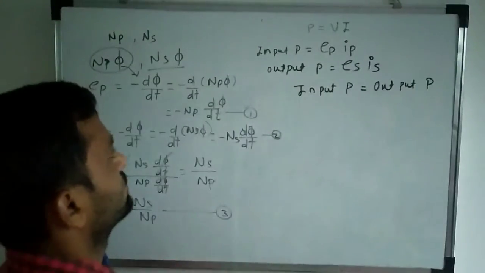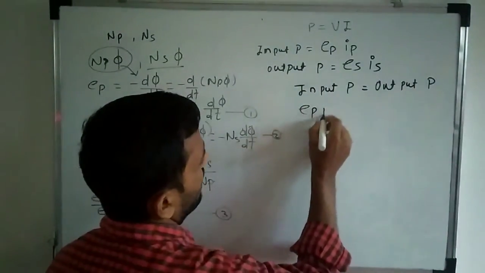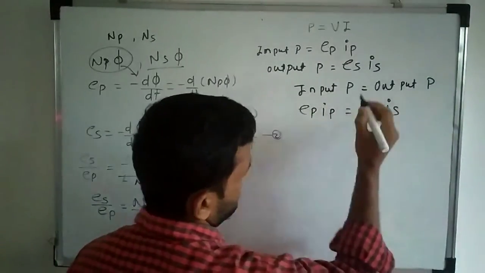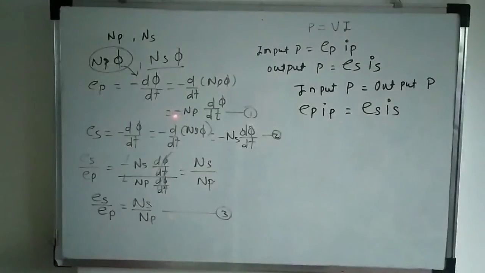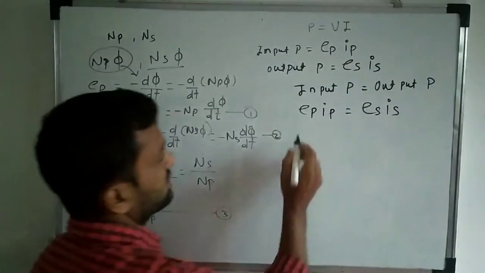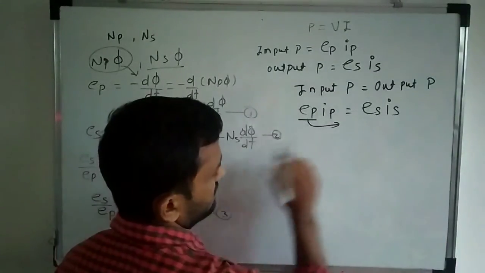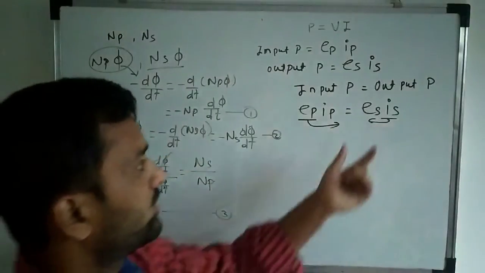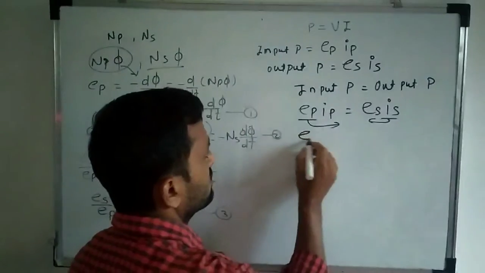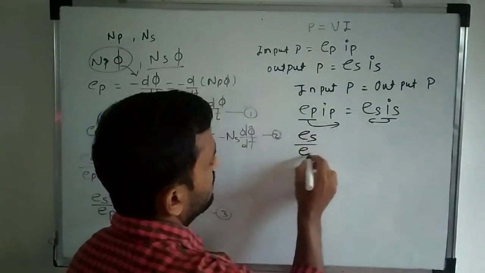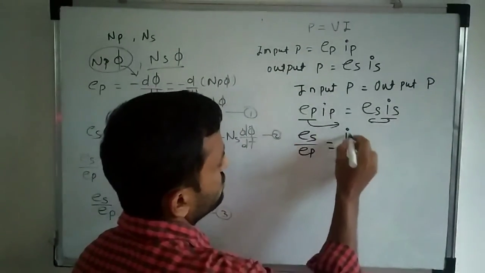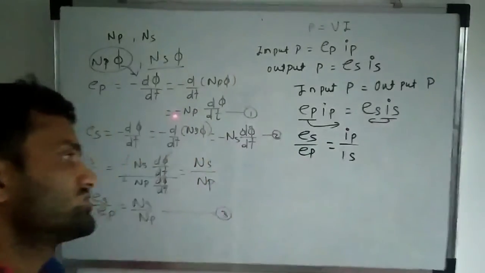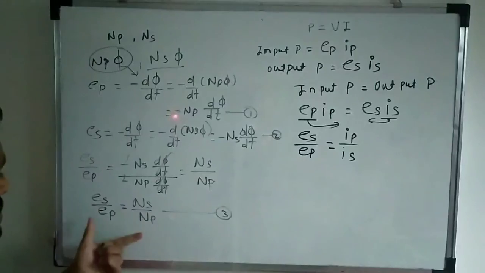So write the values of the power: EP IP is equal to ES IS. Send the EP to the right side, send the IS to the left side. What will happen? ES divided by EP is equal to IP divided by IS. So this will be the equation.